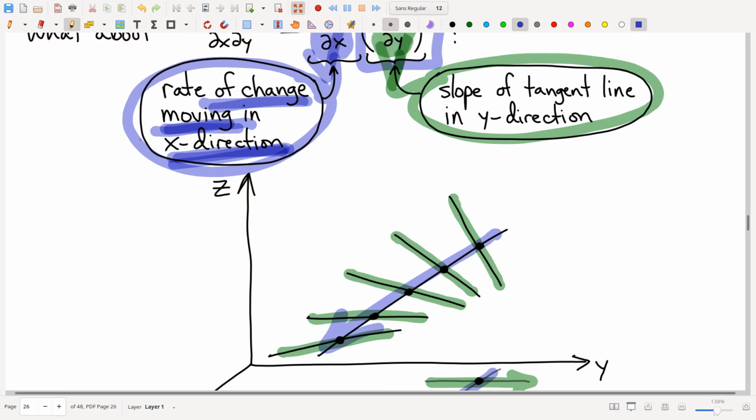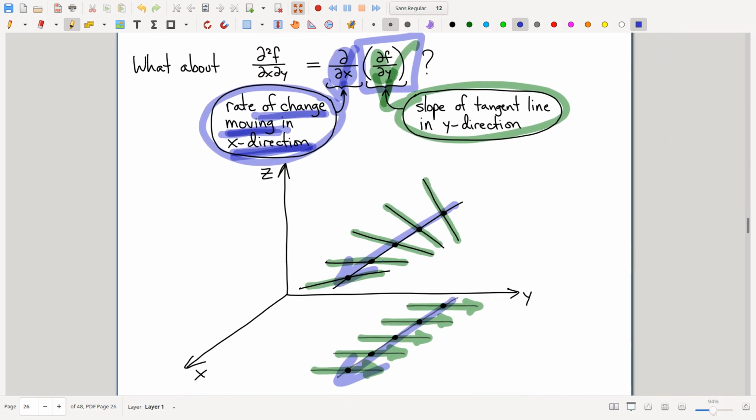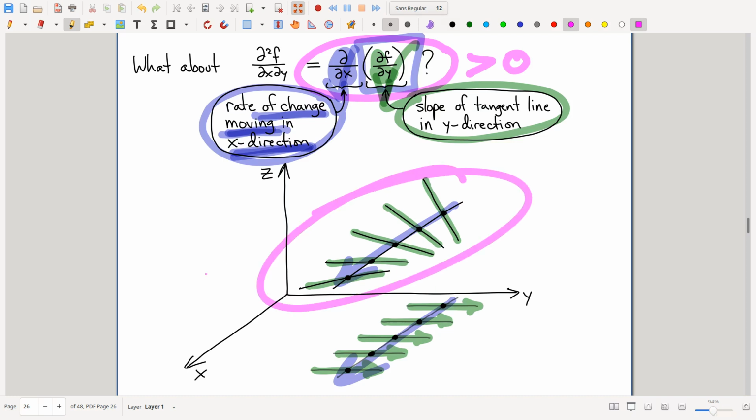So this is a picture. Let me zoom in. This, in effect, is a picture of what it would look like for the x partial of the y partial to be positive. Roughly speaking, kind of that right there.